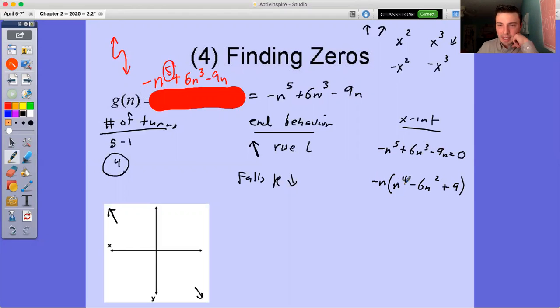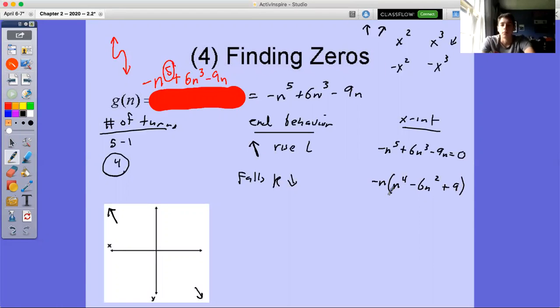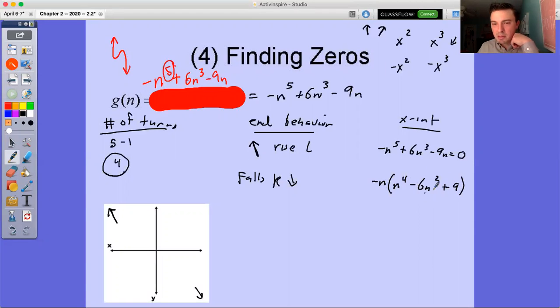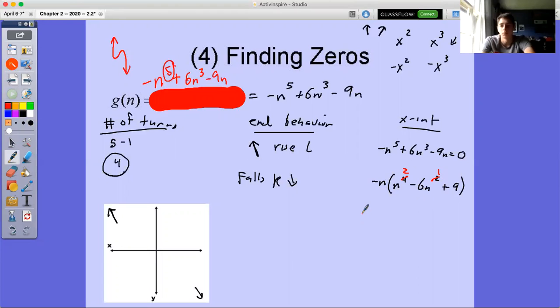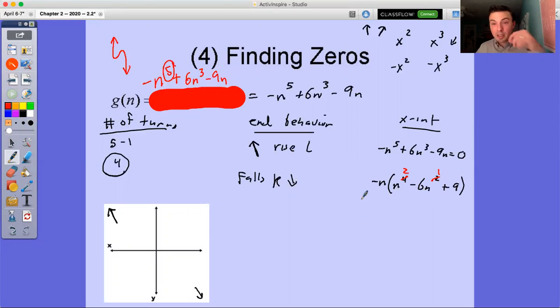Okay. And for this one in particular, this is tricky. How can we factor this? Does it kind of look like something that could factor like a trinomial? Well, what if this was a 2? You could add a number between the 4 and the 2. Now would it factor? Yeah. You add to 6 and multiply to positive 9. So it still does factor.